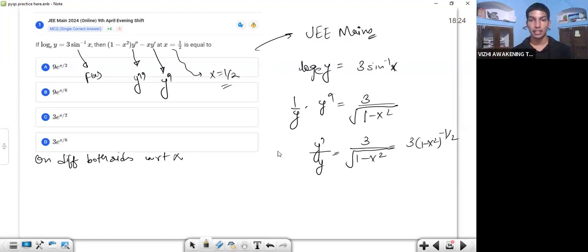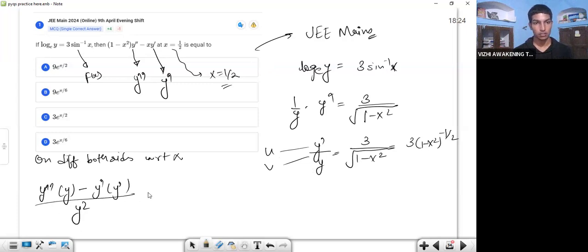So let's apply the division rule. U dash v, that is y double dash, v is this minus u v dash on v square. On the side, there's a simple single function. So power comes ahead and power gets subtracted by 1.